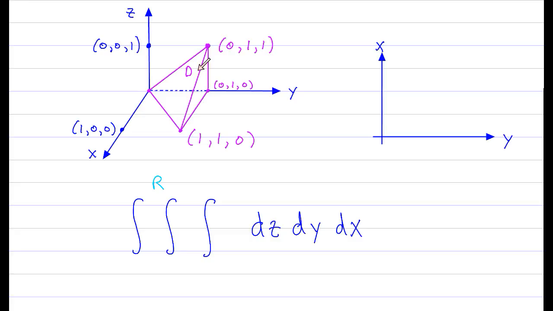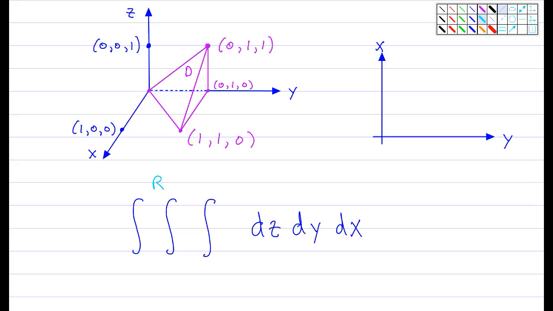This is really easy because the tetrahedron is right on the xy plane, so that shadow is this shape right here. If I draw that region, this is going to be our region R.